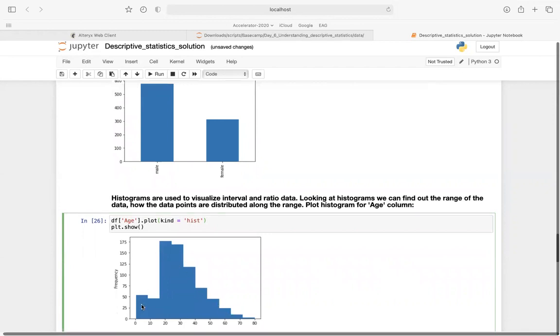Can we see, is it normally distributed by any chance? What do you guys think? Is it normally distributed? Can we understand some of the underlying properties of this distribution?